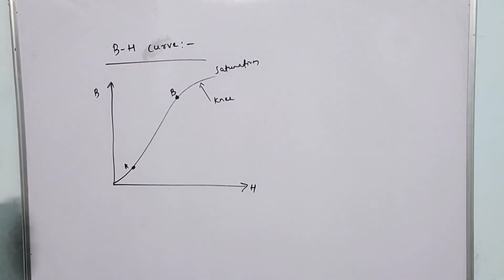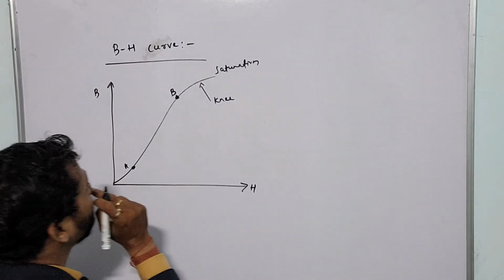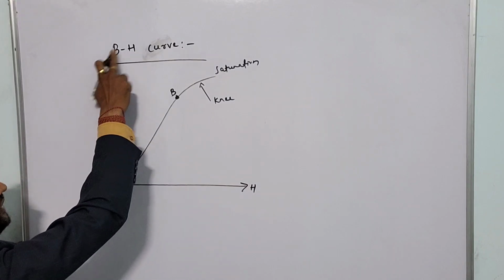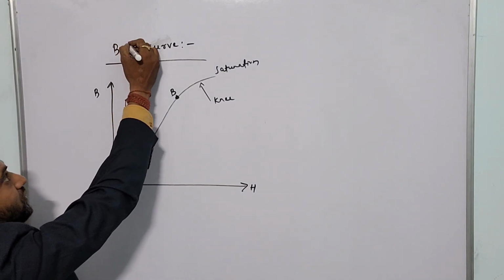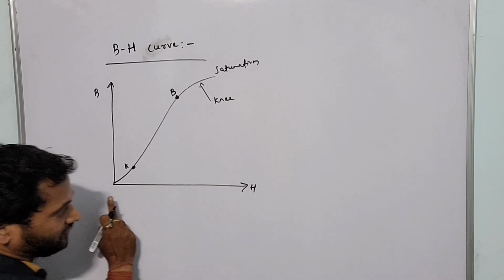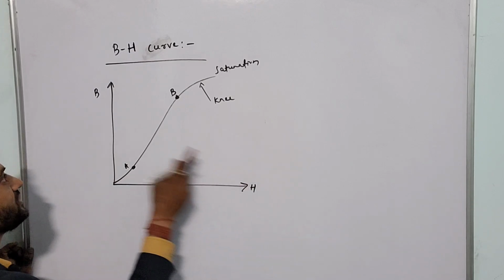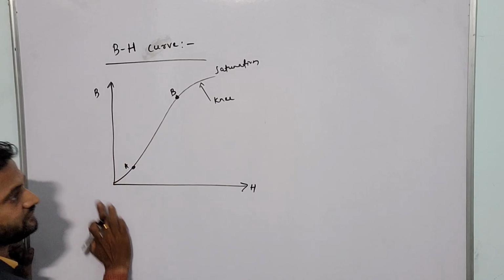Now coming to another point, the BH curve. What is the BH curve? It is the graph between magnetic flux density with respect to magnetizing force or magnetic field intensity. That means with the variation of H, what will be the variation of B?